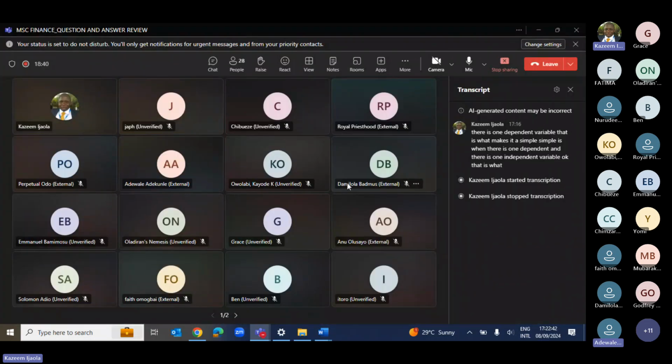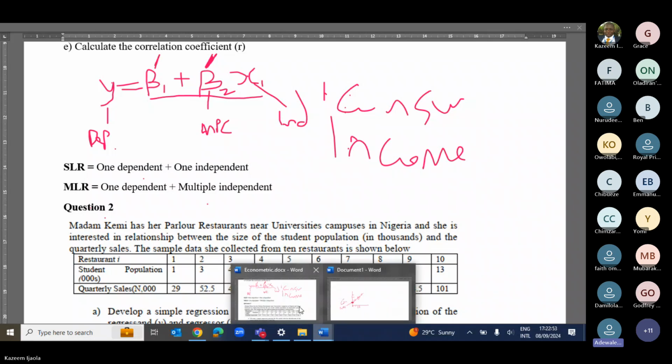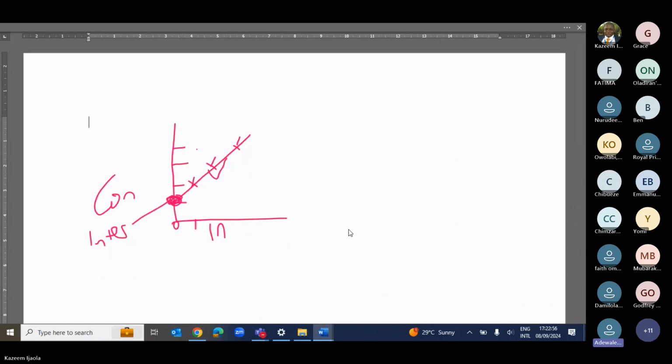The only challenge I have is with the graph you just showed. My thinking is that Y should be income and consumption should be X, but you placed it the other way around.